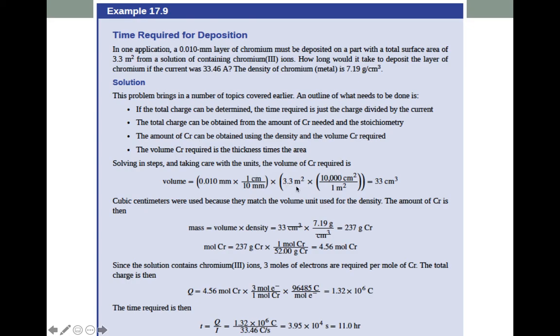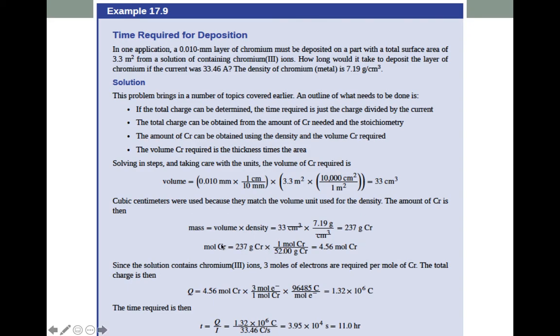And then we already have the total surface area. So thickness times area gives us the total volume, 33 centimeters cubed. Now that we have the volume and we know the density, density times volume would give me mass. So they do that small calculation and get that this is how many grams they want.